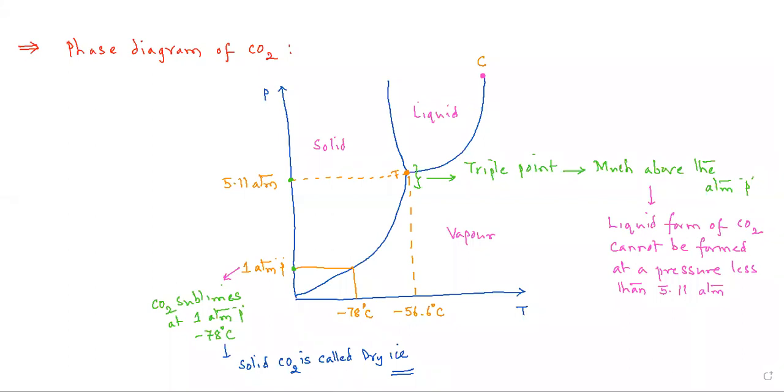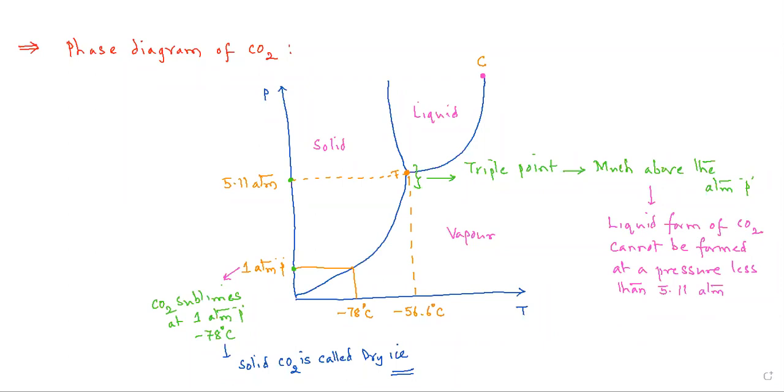So this dry ice is manufactured by compressing and cooling the gaseous carbon dioxide. Okay.